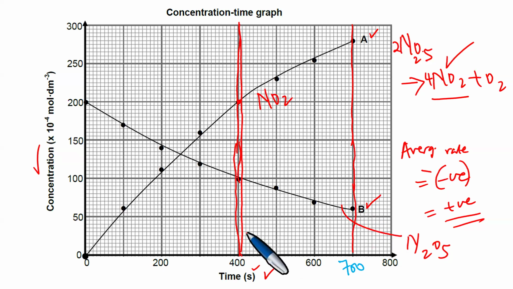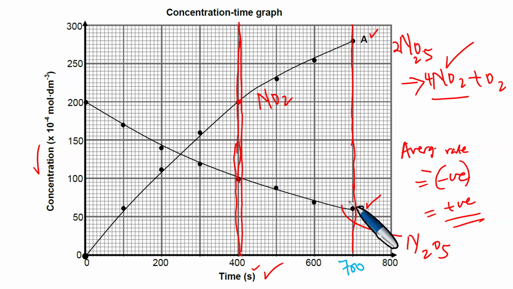But moreover, what is the slope at 700 seconds? Let's take a look. At 700 seconds, we are able to see a couple of things. This is 50, so we need to read this one.